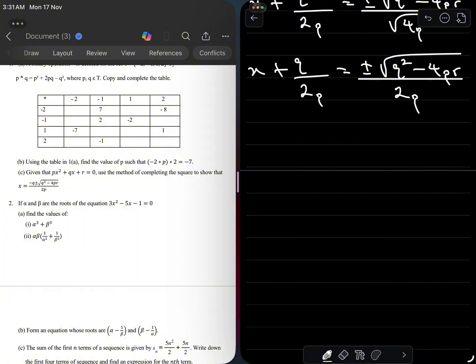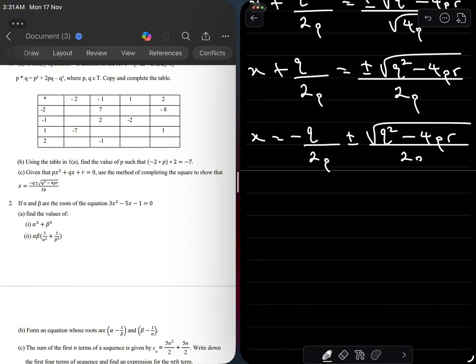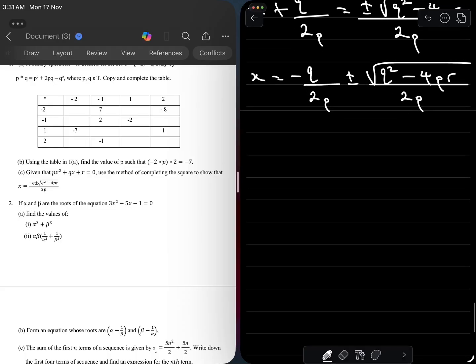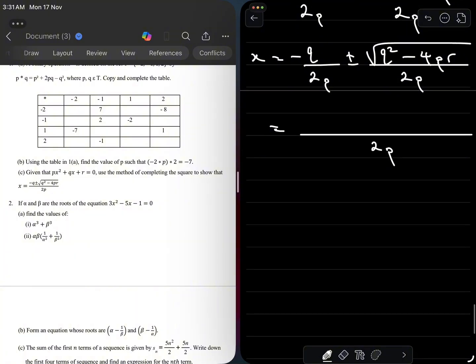So now we move q over 2p to the right hand side, and that means x equals minus q over 2p plus or minus root q squared minus 4pr over 2p. And now we can add the fractions, and the LCM of the denominators is 2p.